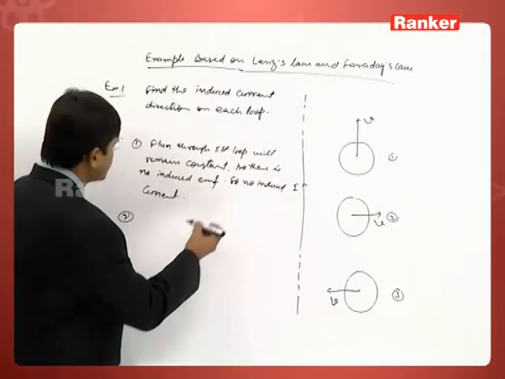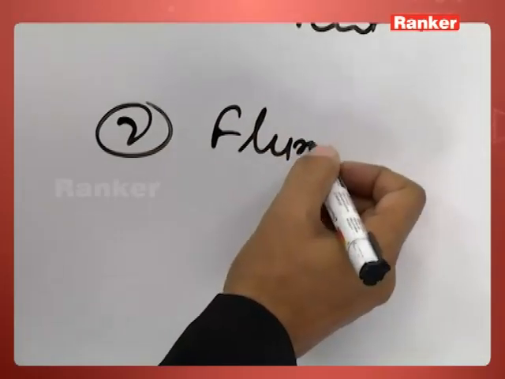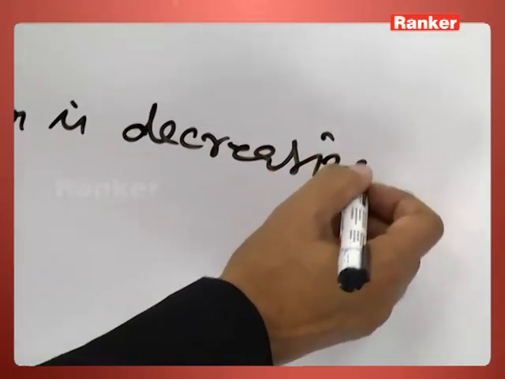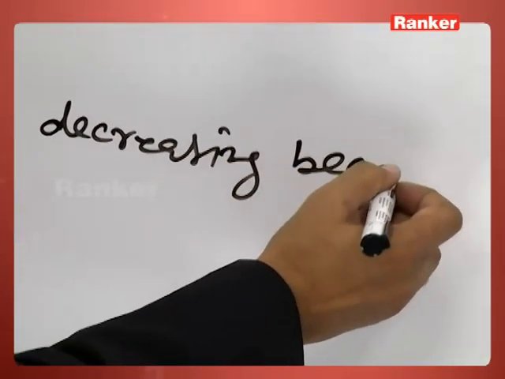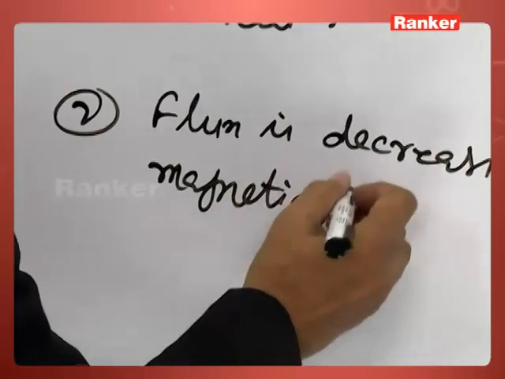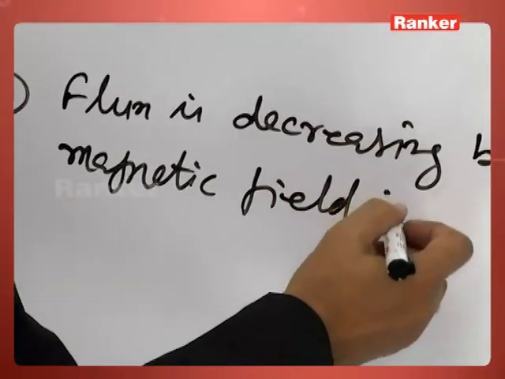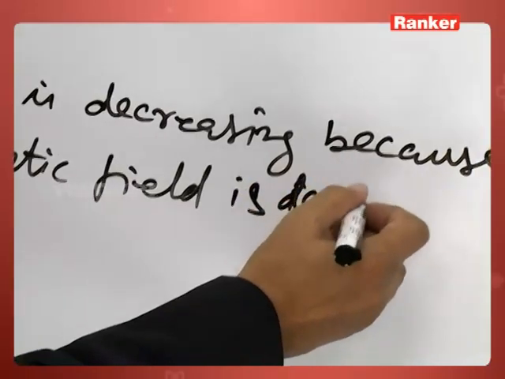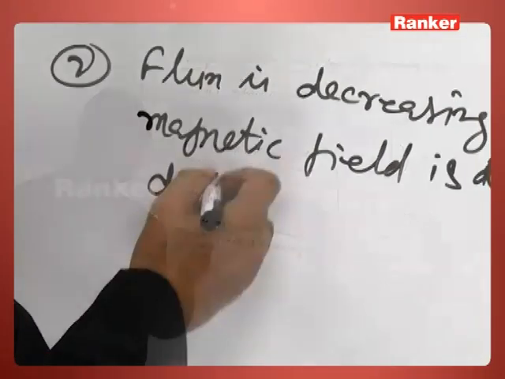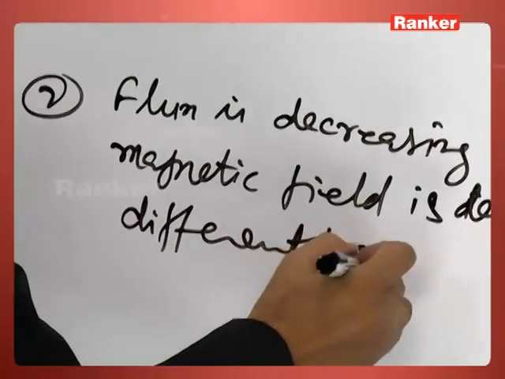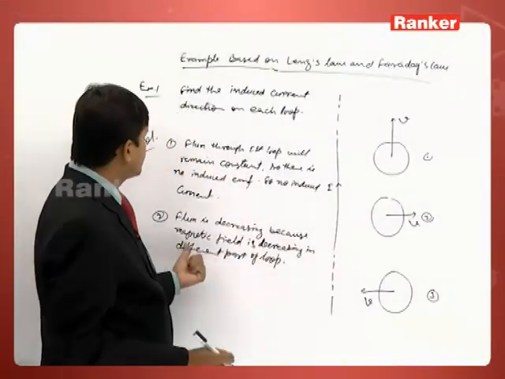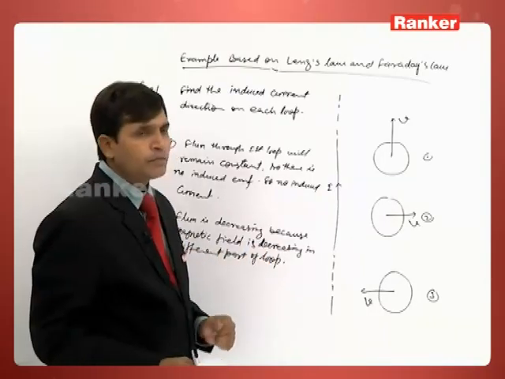So in the second loop, flux is decreasing because the magnetic field is decreasing in different parts of the loop.